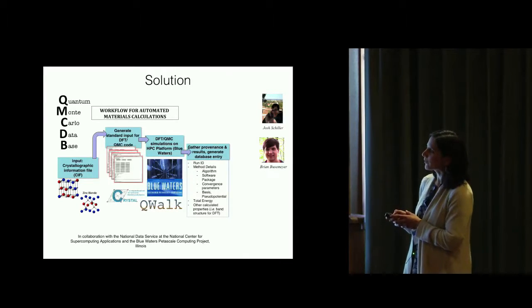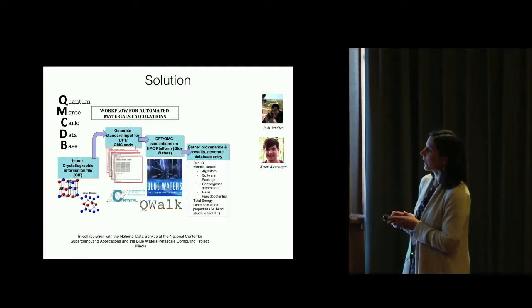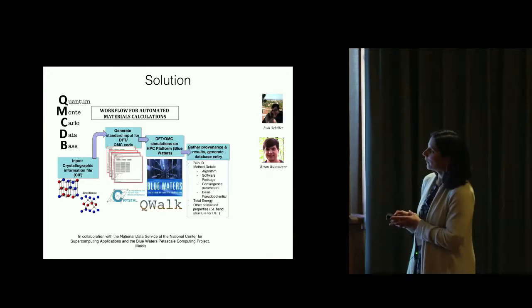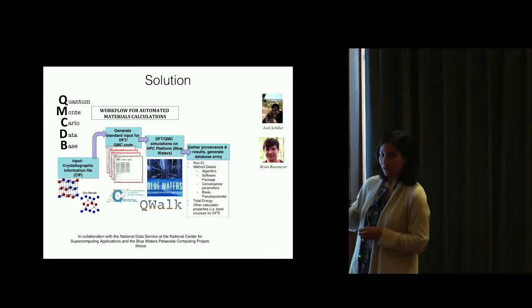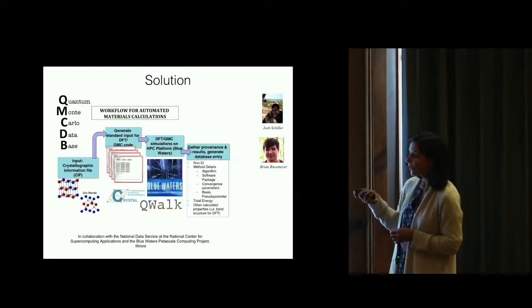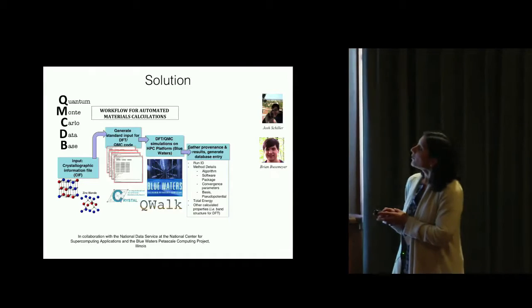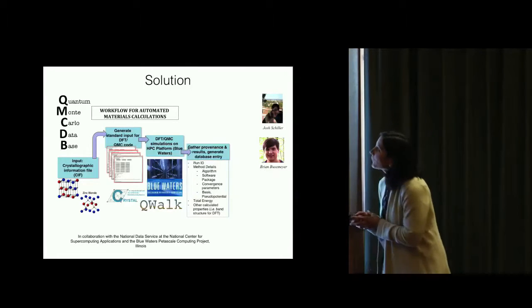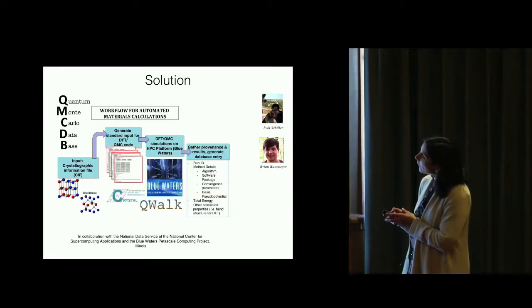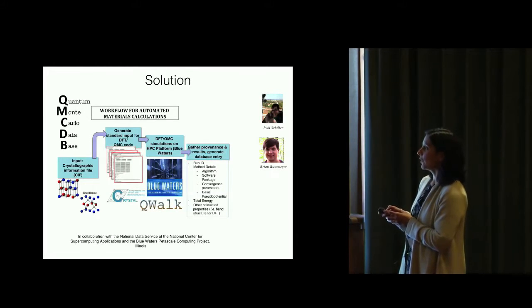We start with a crystallographic information file, a CIF file, for a given material. In an automated way, we generate the standard input for a density functional theory code. In our case, that code is CRYSTAL, and we use that to generate the trial wave function that we need in quantum Monte Carlo. By the way, this is a bunch of Python scripts piled together. From there, in an automated way, we run the DFT calculations.